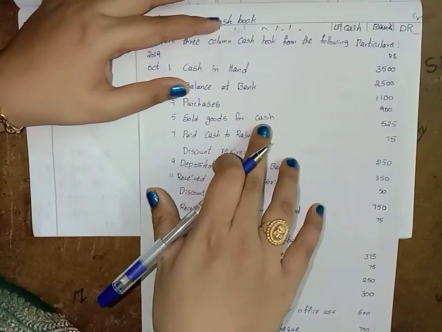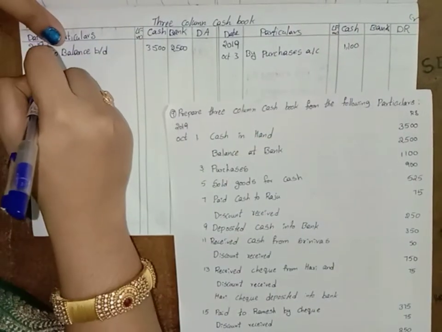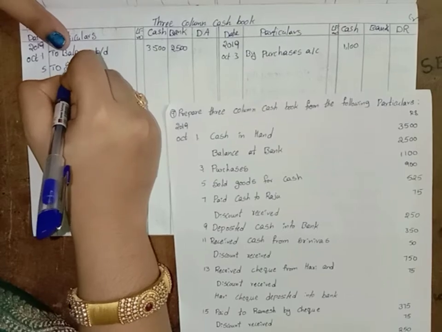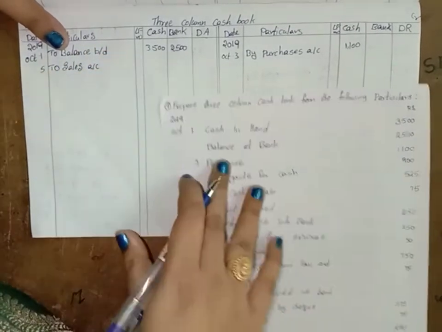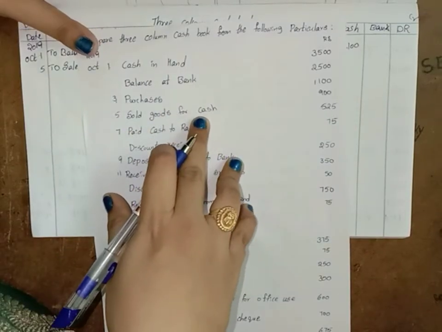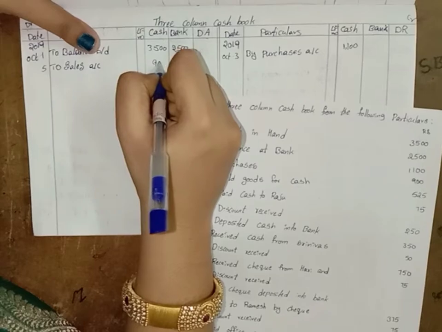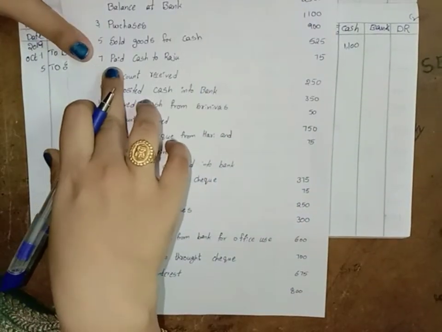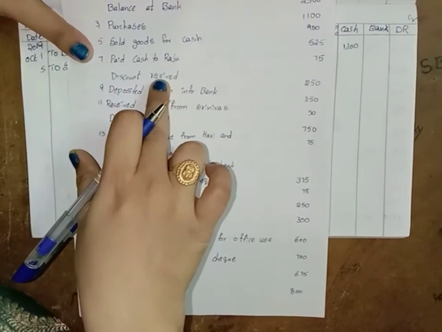Sold goods for cash 900. Sales is always on the debit side, to sales account. It is clearly mentioned for cash. This is cash sales. We have to write it in the cash column. And next one, October 7th, paid cash to Raju, discount received.